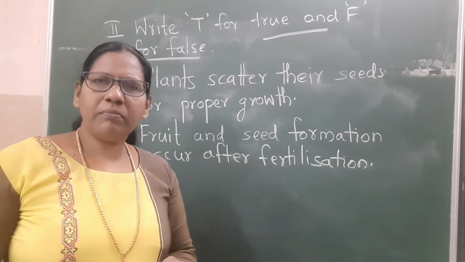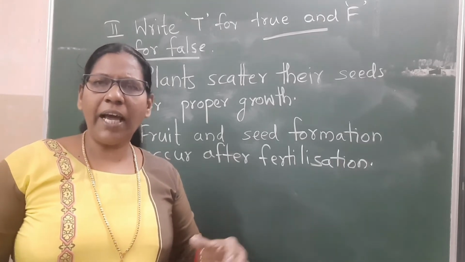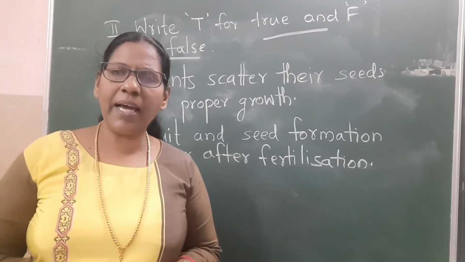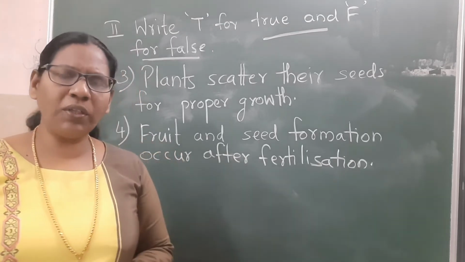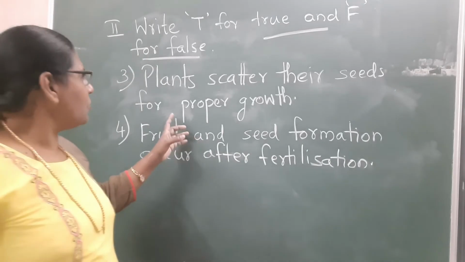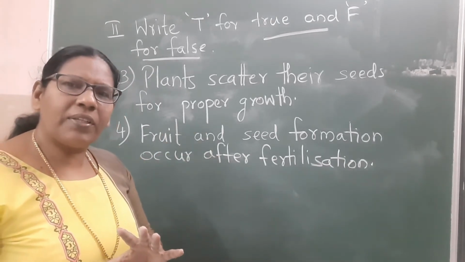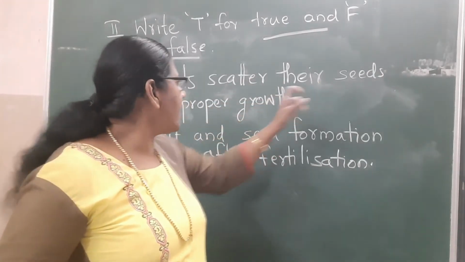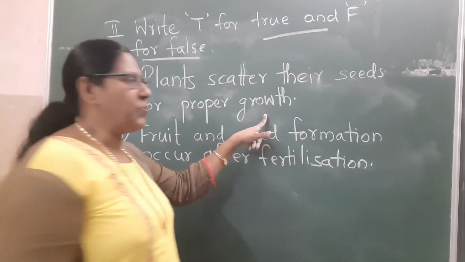Then the new plants which grow will not have sufficient place to grow properly, and don't have sufficient fertilizer, so proper growth won't take place. So what should we do? We should scatter the seeds for their proper growth. So plants scatter their seeds for proper growth. It is true.